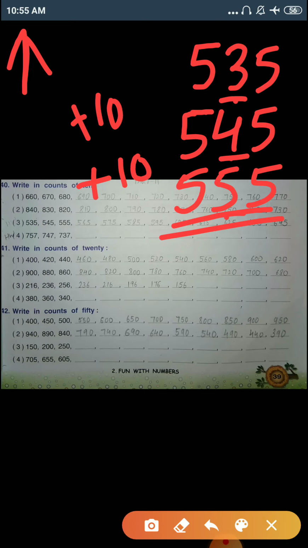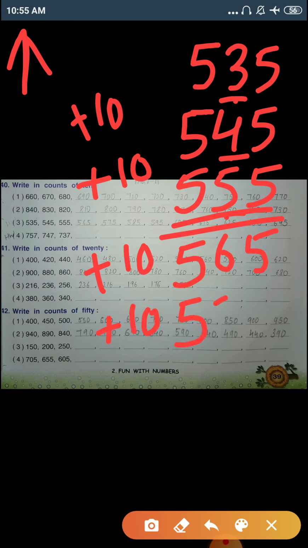For finding out the next number, again we add 10. That means 565. Again, for the next number, add 10 and it will give you 575. So, with the help of this method, you will get the next numbers.